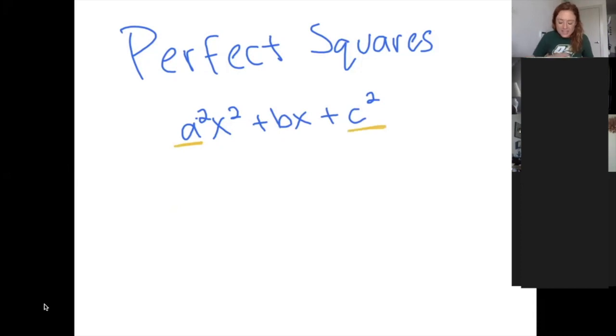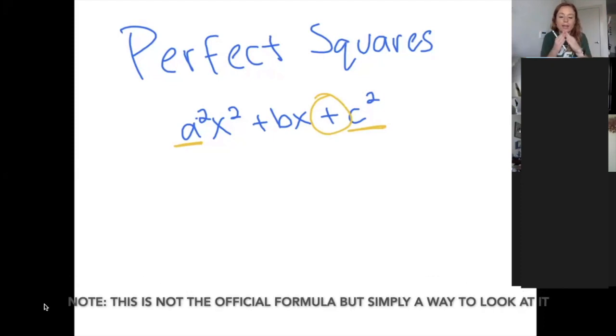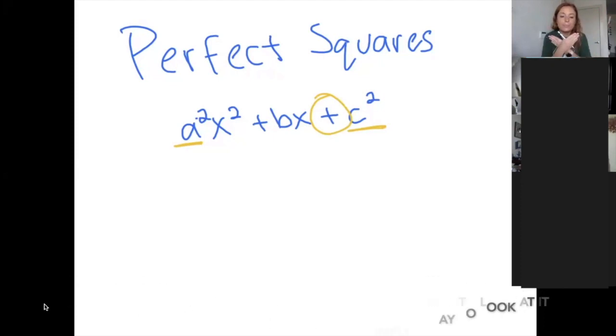But it's still gonna have a plus sign right here. That's the difference with difference of squares: there were only 2 pieces and a minus in between, because if you factor those out, those middle terms would go away. They would become 0. But with perfect squares, the middle term is still there and the last term is gonna be positive every time. And your a and your c are gonna be perfect squares.